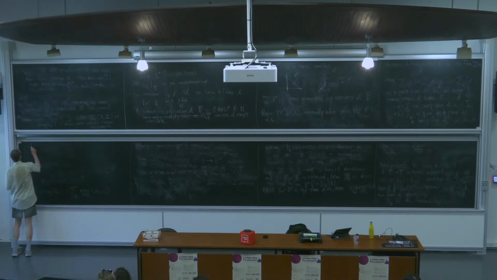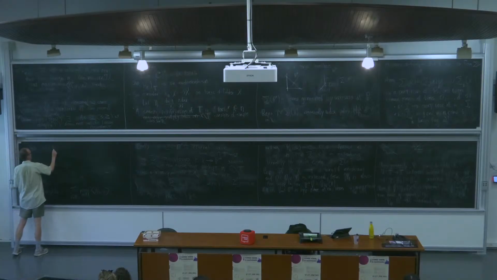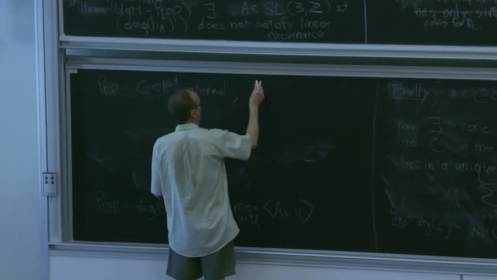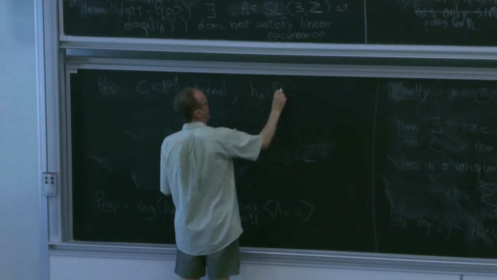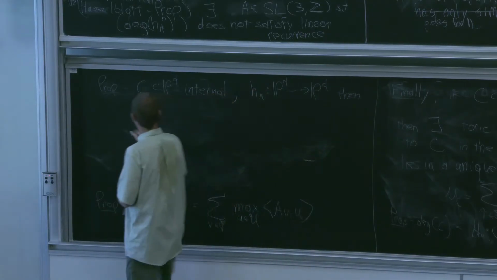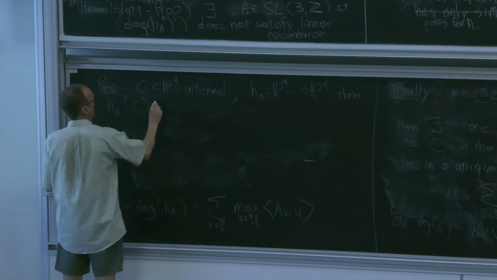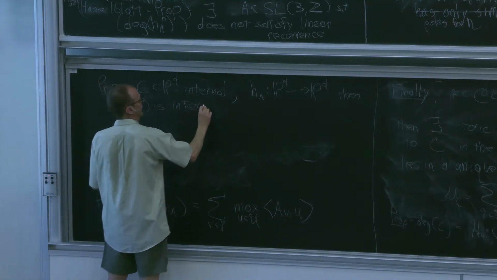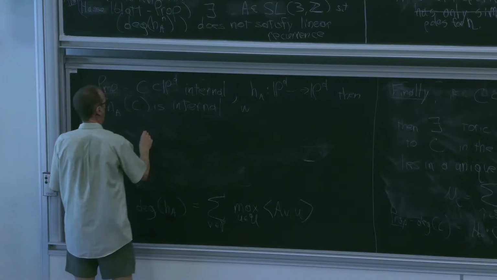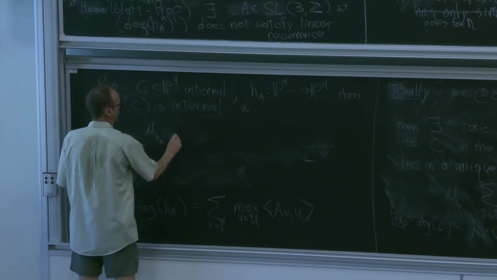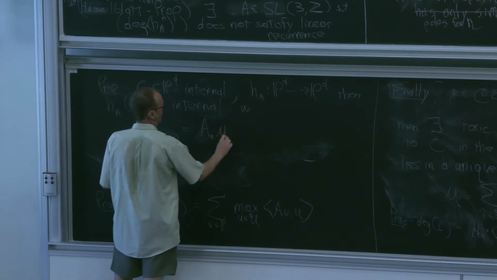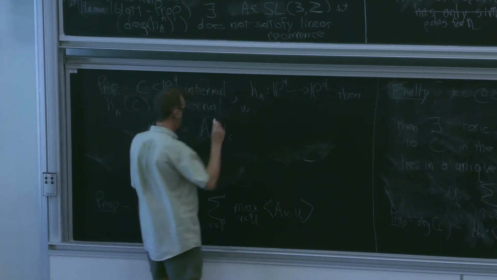So one more proposition. If you have an internal curve and you have a monomial map, then certainly the forward image of that curve is internal, with mu of H_A of C equal to A star mu C, full stop.